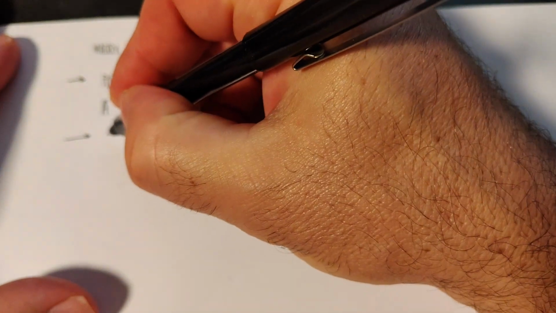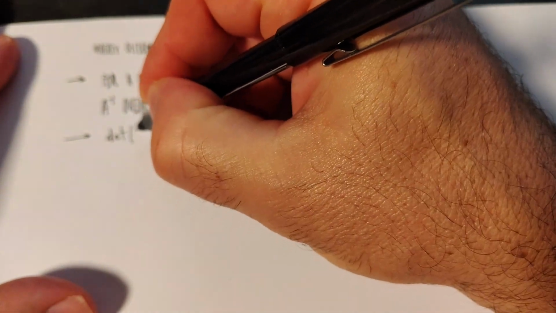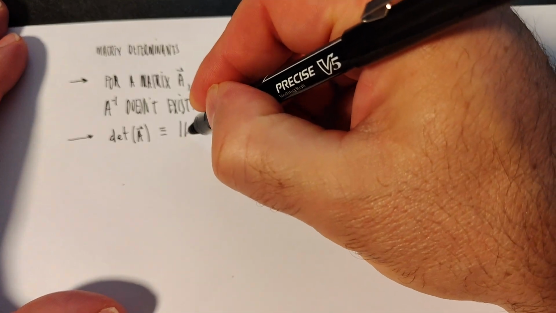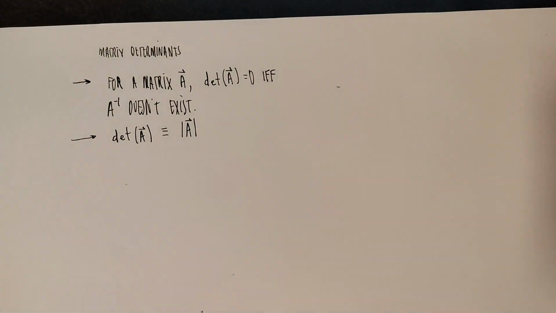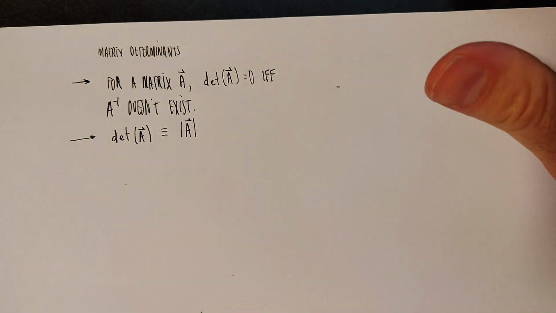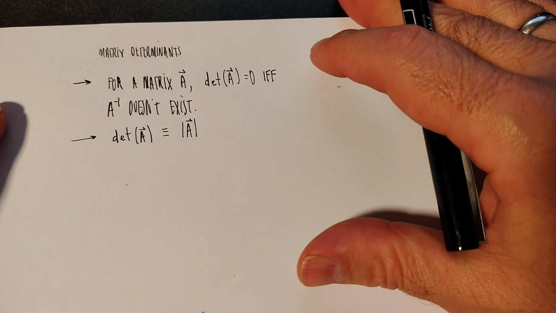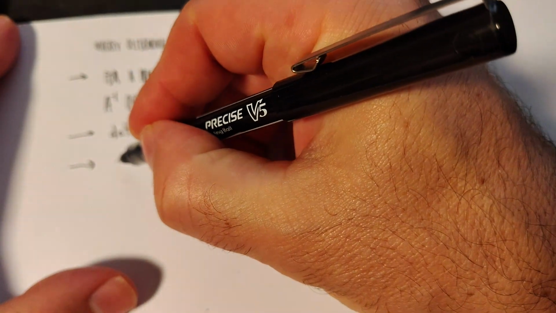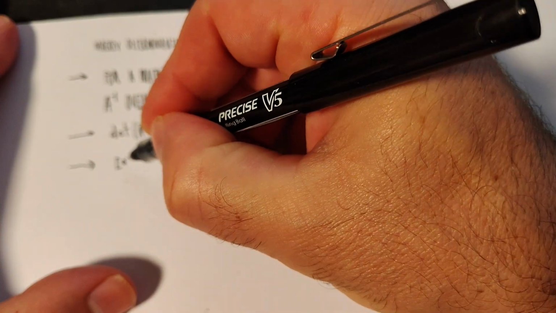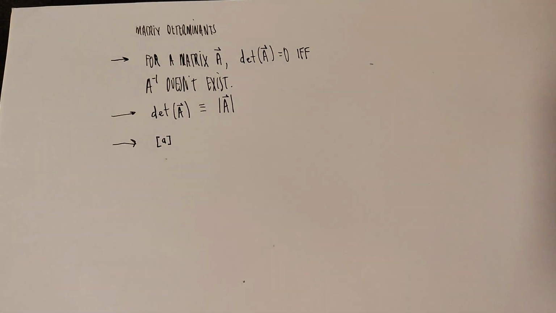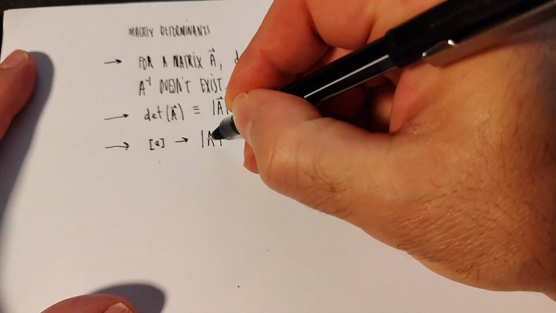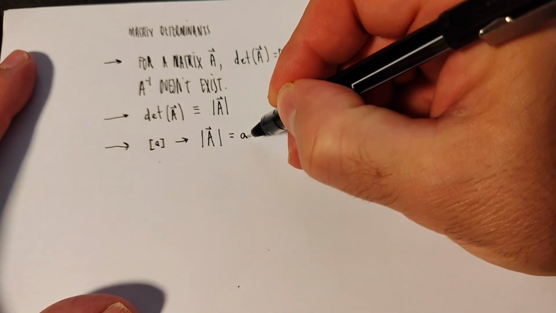All right. So the determinant of A, we usually symbolize with what almost looks like the absolute value sign. That's how we symbolize the determinant of A. And if A is just some constant, so if this is the matrix A, just a single element, then the determinant of A is just equal to that constant.